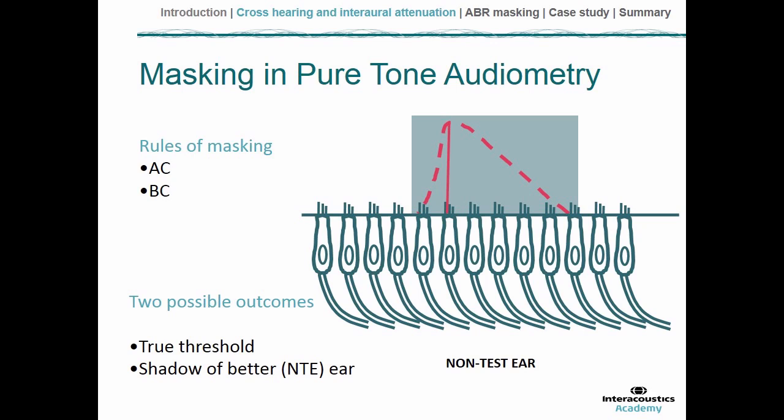And in pure tone audiometry, that's typically a 1/3 octave wide narrowband noise that's just centered on the pure tone frequency that we're testing at that time. And so it covers both the characteristic frequency, the area of maximum vibration on the basilar membrane here, but also any areas where there's a degree of off-frequency listening, just a little bit lower and a little bit higher in frequency to that characteristic frequency. So that's the narrowband noise masker.